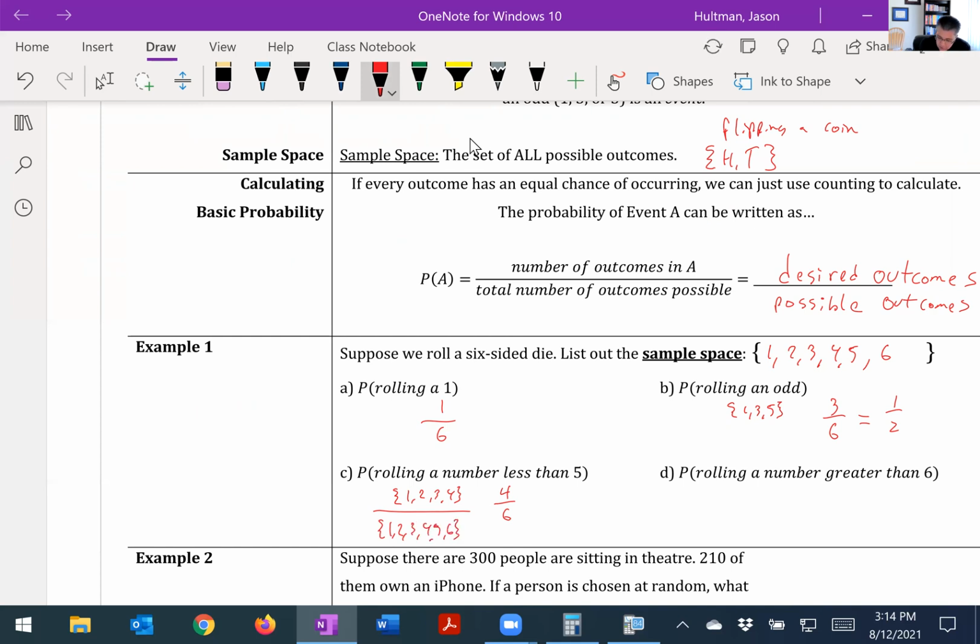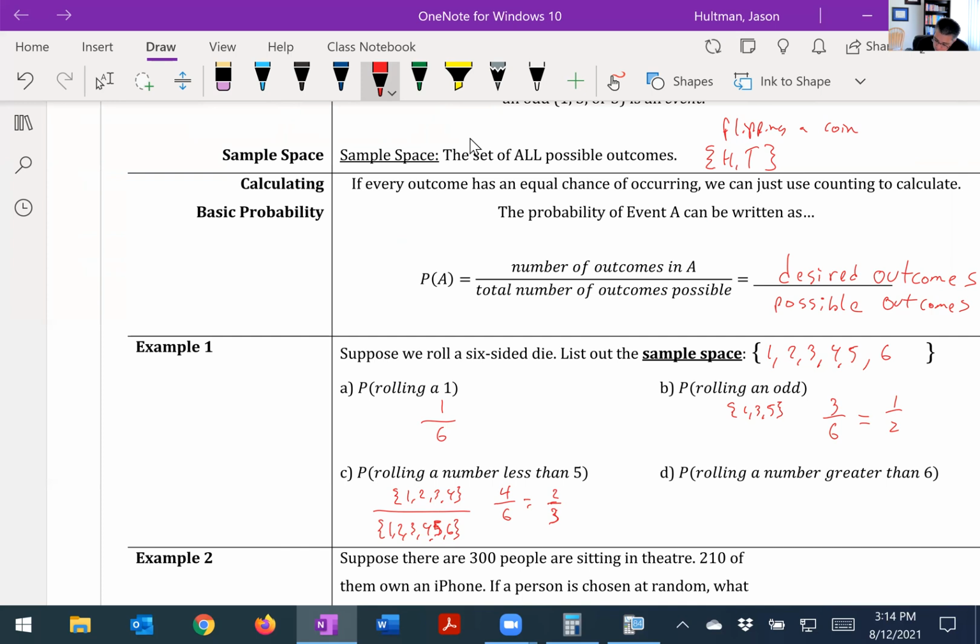And so we just add the number up. There's 4 on the top that I want out of 6 on the bottom that I could get, whether or not I want them. And that would reduce to 2/3 by dividing both top and bottom by 2.